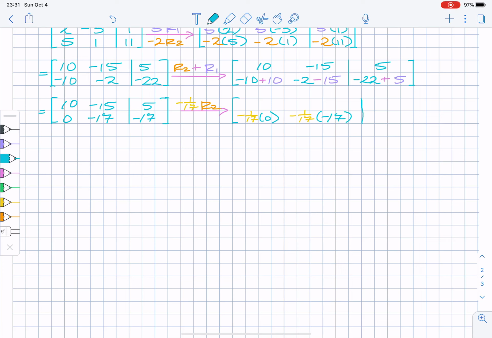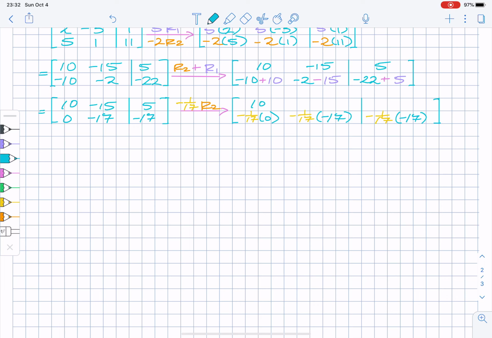Augment. Then I will have negative 1/17 times negative 17. And row 1 just stays the same.